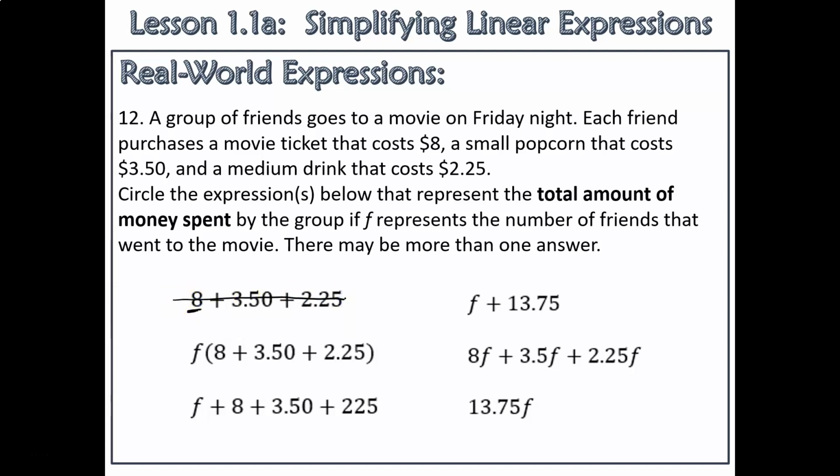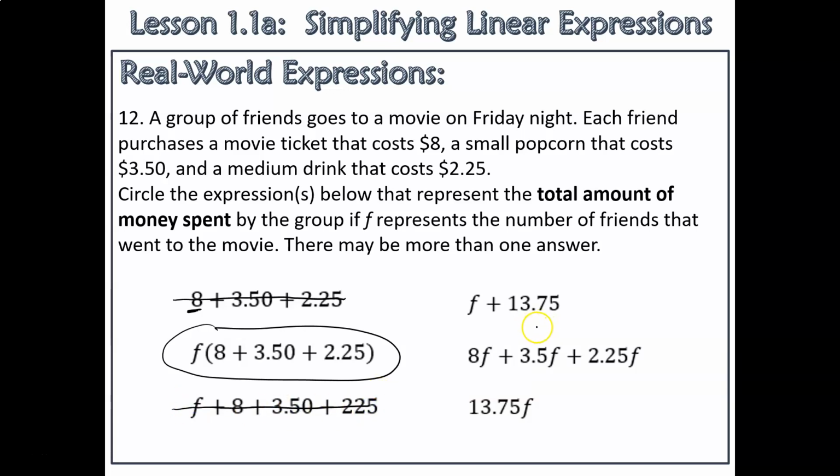We're talking about a group of friends here, and that would be F. So F is the number of friends, and they each get a ticket, a popcorn, and a drink. So this one works. You're taking the number of friends times each one of those things. This next one takes the number of friends, but only one popcorn, one drink, and one ticket. So this one doesn't work.